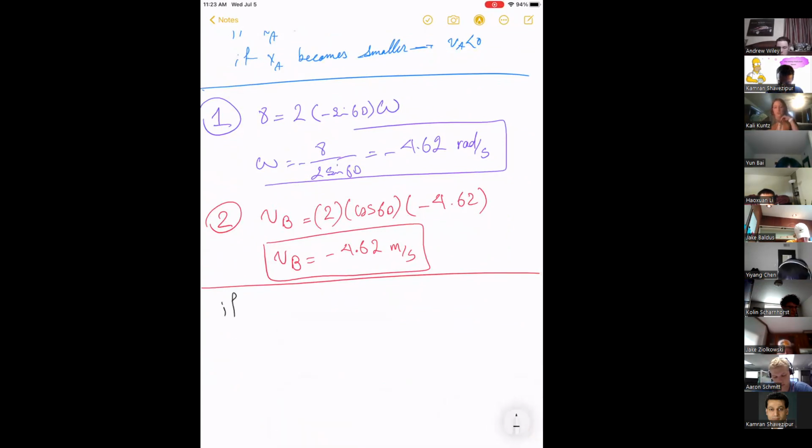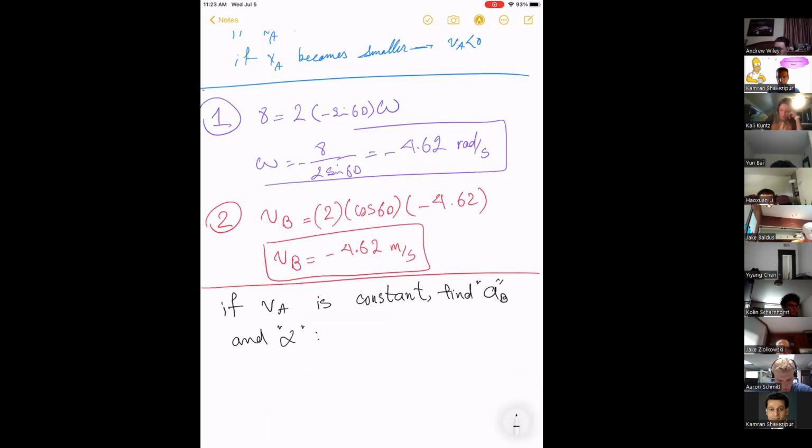If omega is constant, oh sorry, omega cannot be constant because the V is the input. Sorry. If VA is constant, find acceleration of B and alpha, angular acceleration.